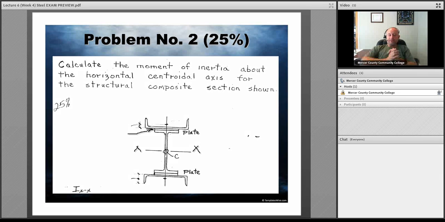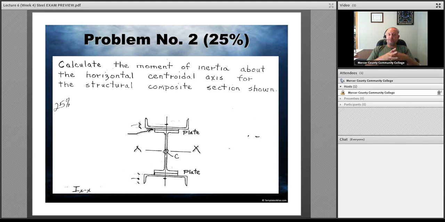So what are we going to do to solve this? We're going to generate our table, right? If you remember that table, if you don't remember, put it in your blue book so you're ready. The table, if you remember the columns, has part, area, y sub b, which is the distance from the centroid of your piece to the bottom of the whole thing. Then you're going to have another column, which is area times y sub b, right?